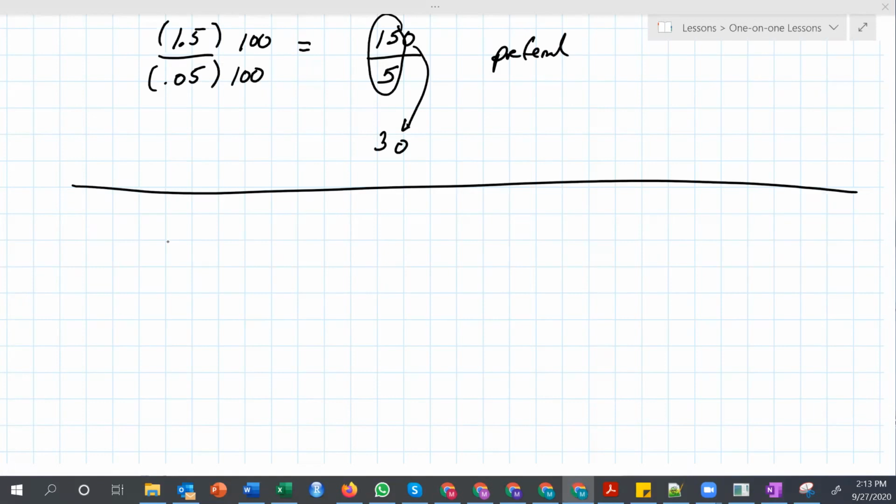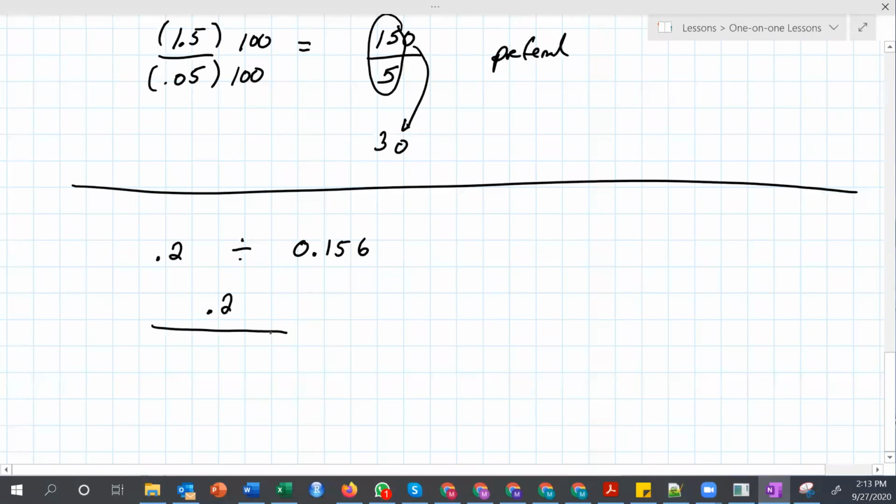Now let's try another. So let's say I want to do 0.2 divided by 0.156. Okay, so when I write this as a fraction, 0.2 up top, 0.156 on the bottom, which number has more decimal places that follow it? The bottom one, right? Yeah, the bottom one. So that tells you what to multiply by.